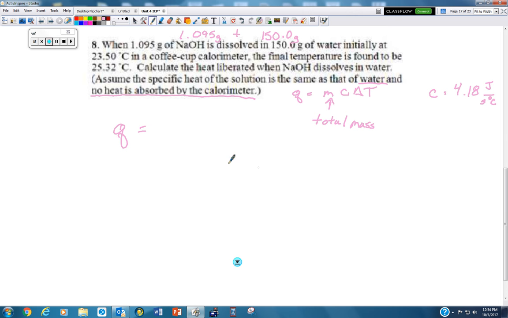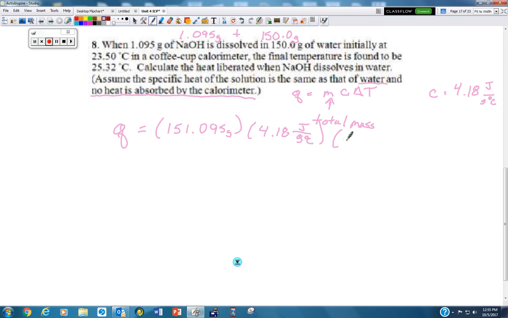So we're going to put our mass, so that means we have 151 point, not yet. You don't do that until the end. So 0.95 grams. Then our C is 4.18 joules per gram degree Celsius.